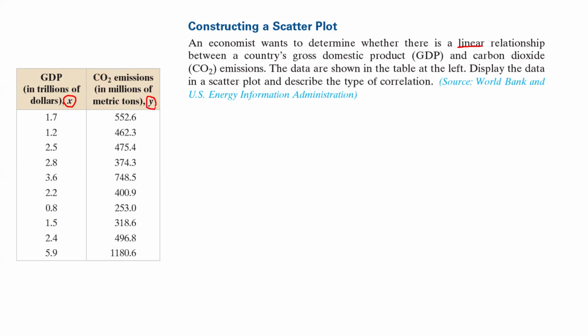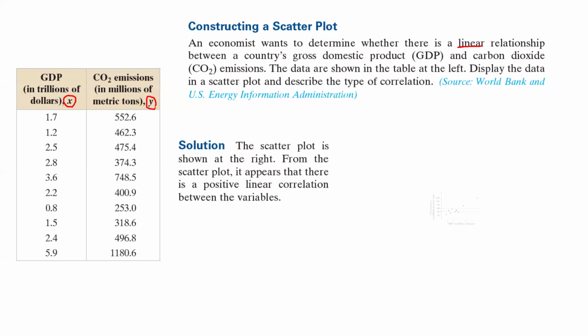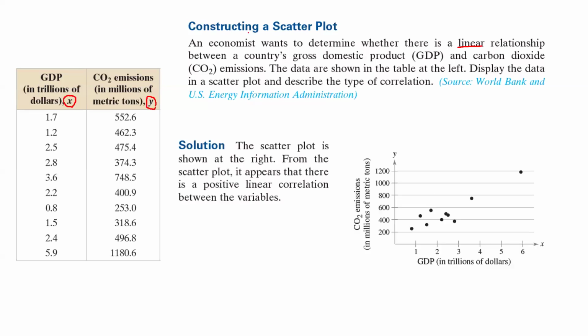Well, let us graph this and visualize the data first. Start by having x values listed on the horizontal axis and y values listed on the vertical axis. You're going to scale them. On the horizontal axis, you have 1, 2, 3, 4, 5, 6, which represent GDP in trillions of dollars.